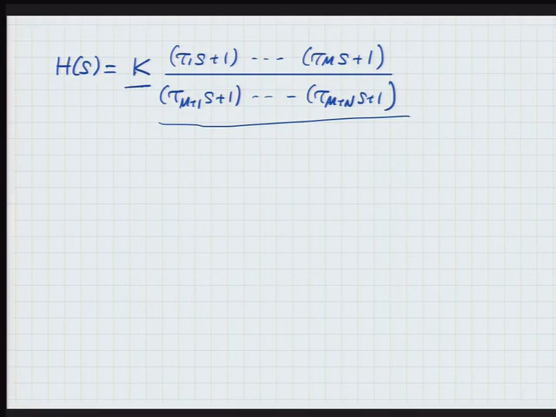So therefore, from this very form, it should be clear that H of 0, which is the DC gain, is equal to k. I may not give you transfer functions already put in this form, but you may have to bring it to that form by factoring out the DC gain and writing each pole and zero in this tau form. Right? So then, let's start with the easy case.